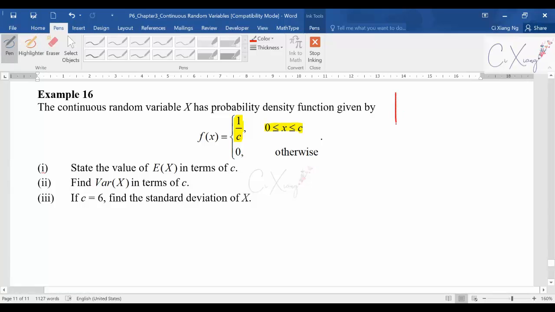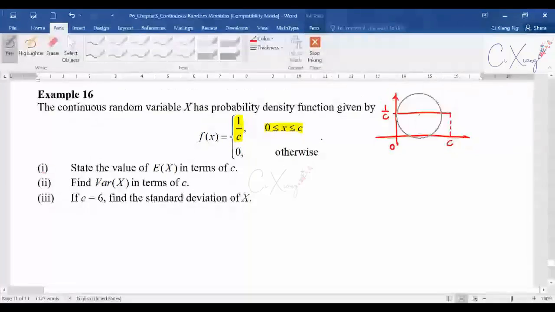If you try to draw a figure, 1 over c means that maybe this is the value 1 over c, and then from 0 until c. So let's say this is c. From 0 until c, you have this one. And this function has a line of symmetry, because it is symmetrical at the midpoint here.